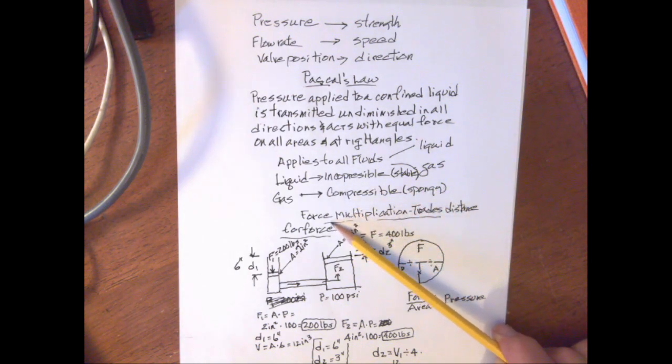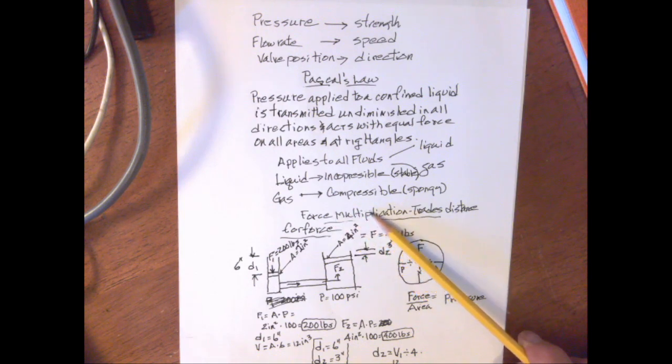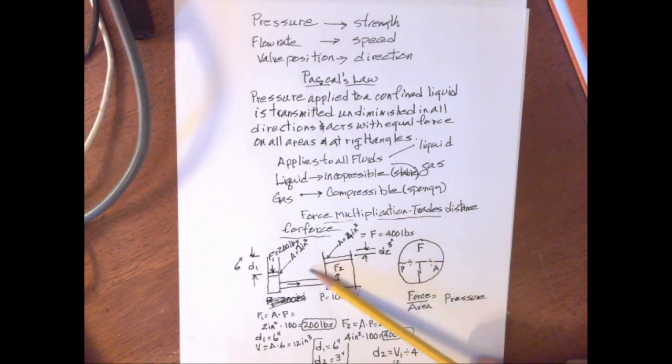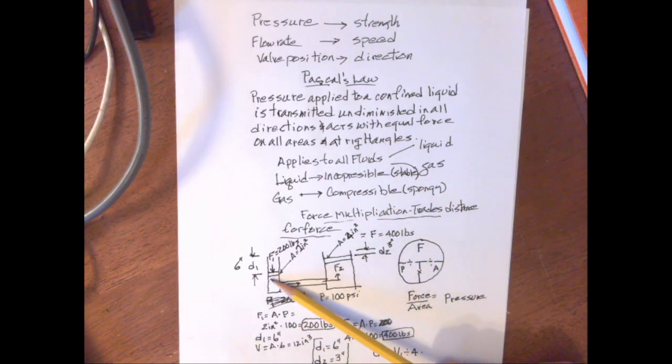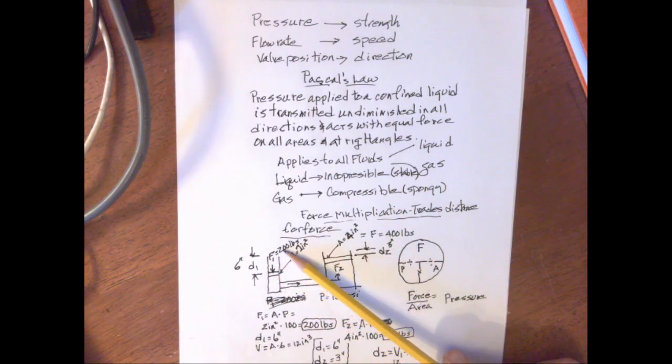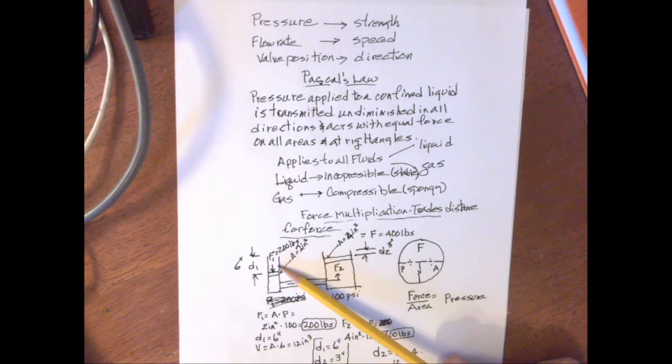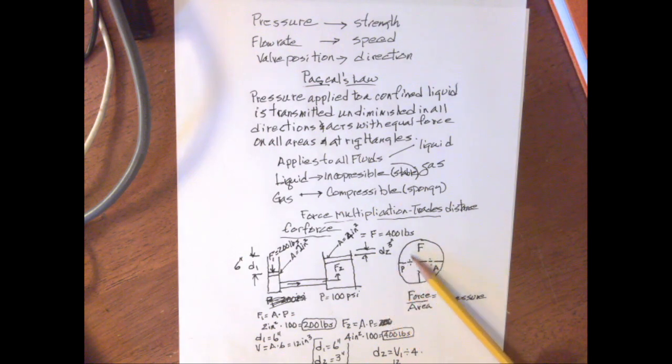We will get to force multiplication, and we will talk about how we can take over here a small cylinder, apply 200 pounds, and then come out, as I have here, with 400 pounds because of this little formula I've got here.